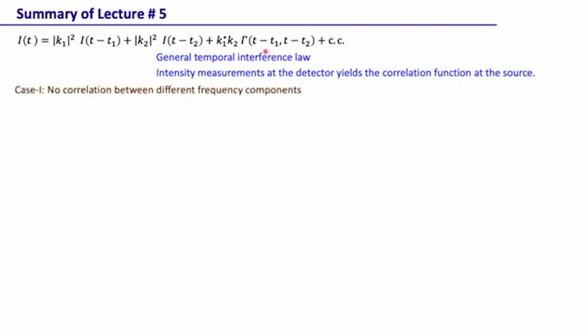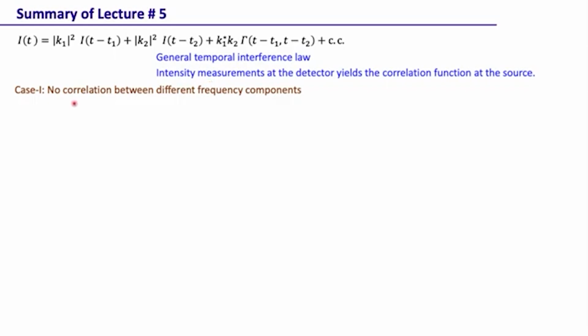Now this correlation in time, this temporal correlation function or cross correlation function, we saw that we can also study in the frequency domain. When we study it in the frequency domain, the function is called the cross spectral density function, and we divided it into a few cases.